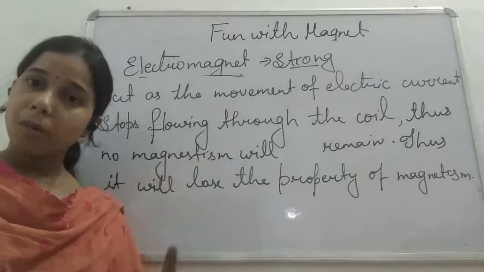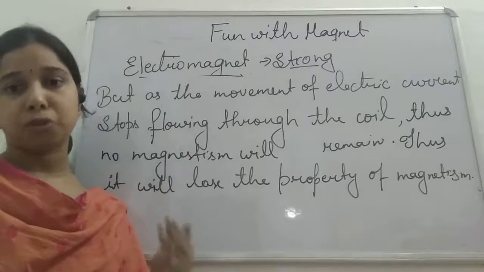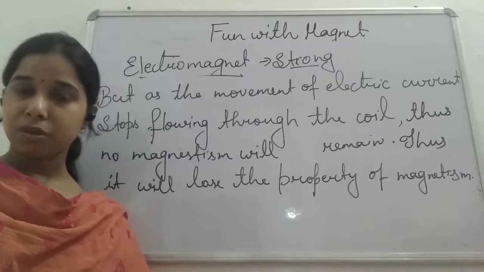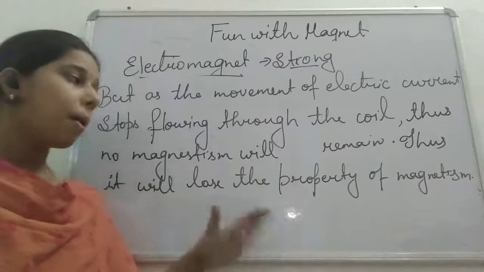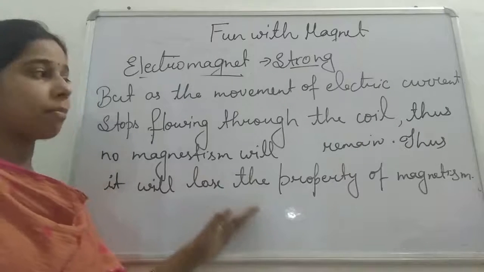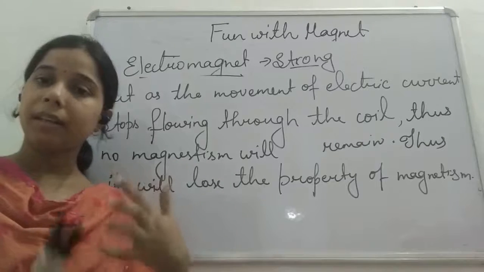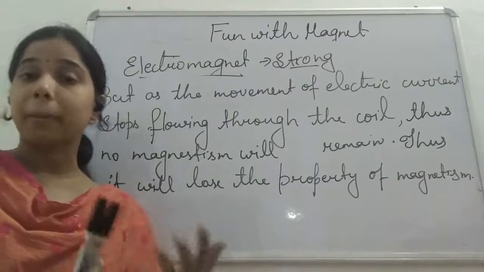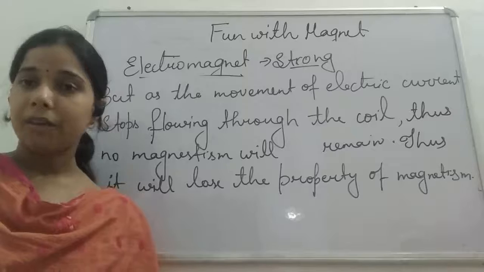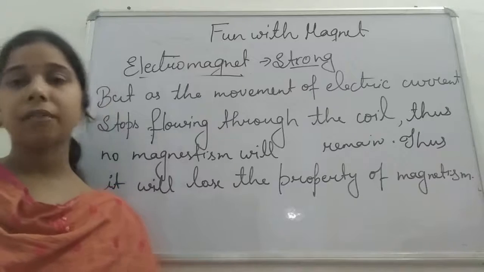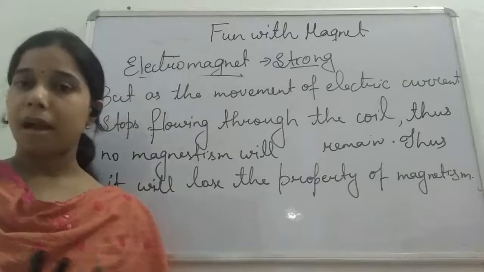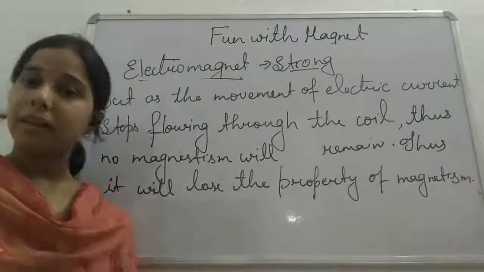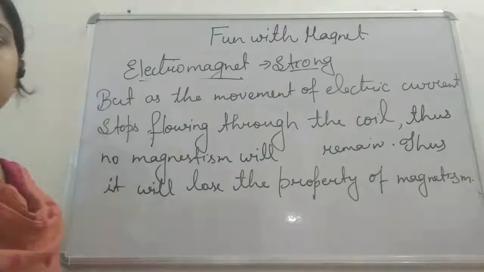Okay, so the electromagnets, although they are very strong magnets used for different purposes, used in the industries also, used in different devices also, this magnet totally depends upon our desire, whether we want to convert it into magnet or whether we don't want to convert it into magnet. Okay, students, so this is how we can convert an object into magnet.